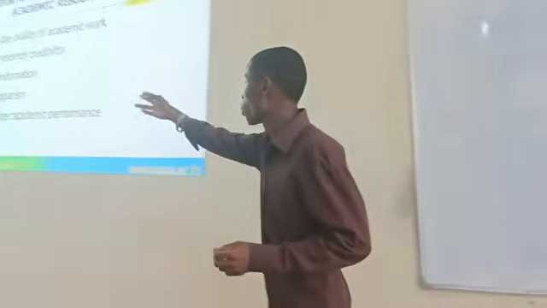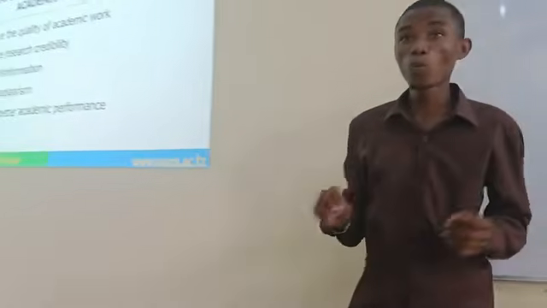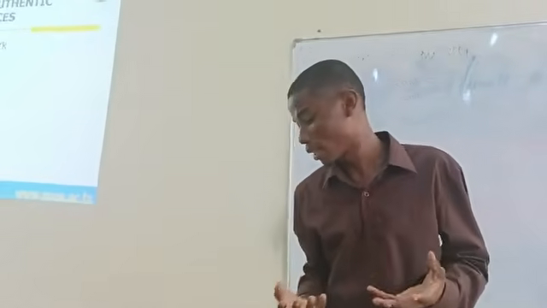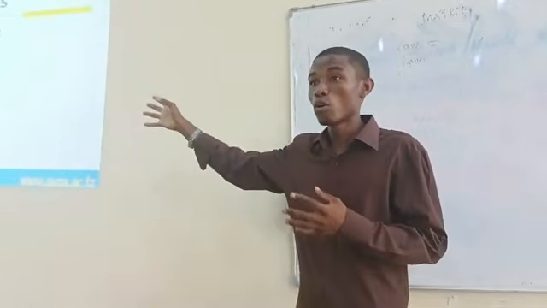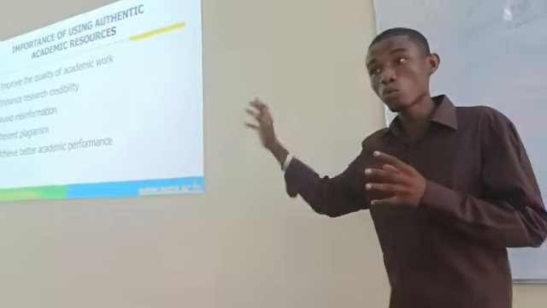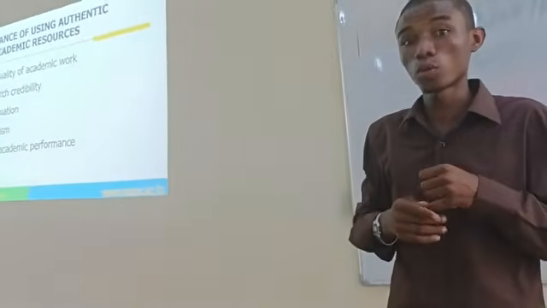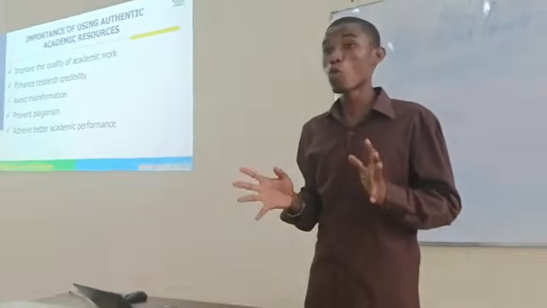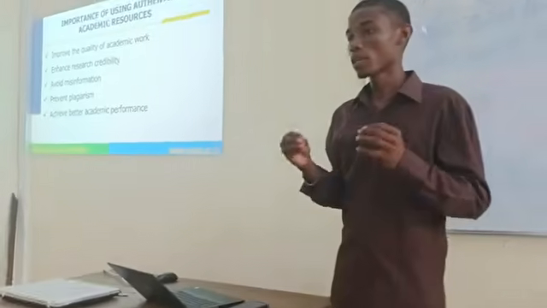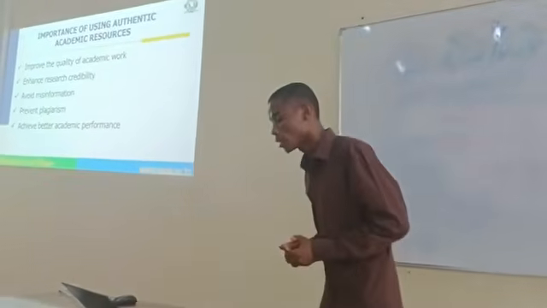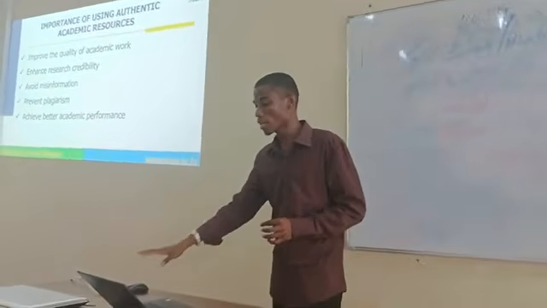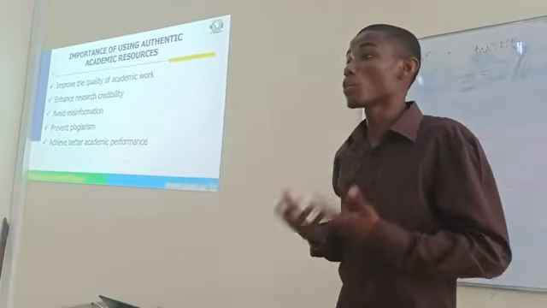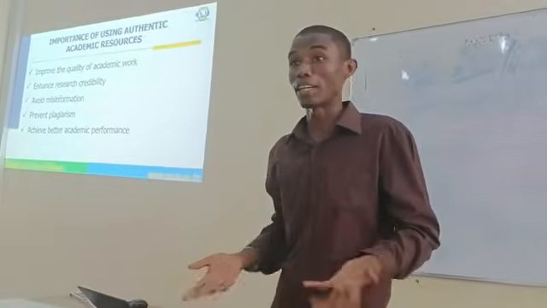First, it improves the quality of academic work. If we want our work to be of quality, we must search Google Scholar, because it has current materials, the year of publication, and the author of the articles. It also enhances research credibility, meaning our research is credible due to such current materials.